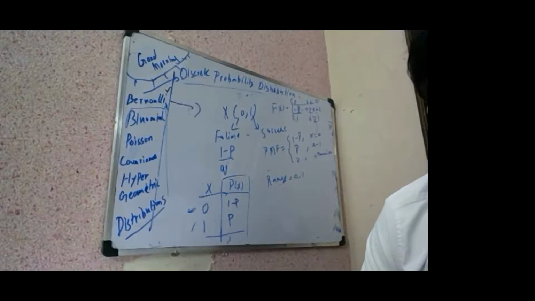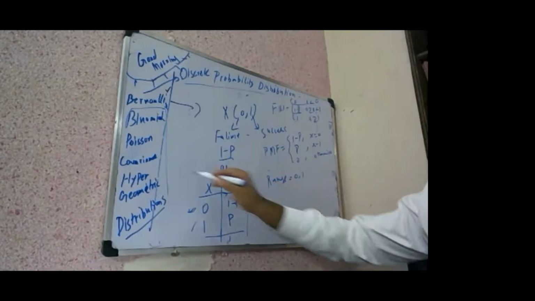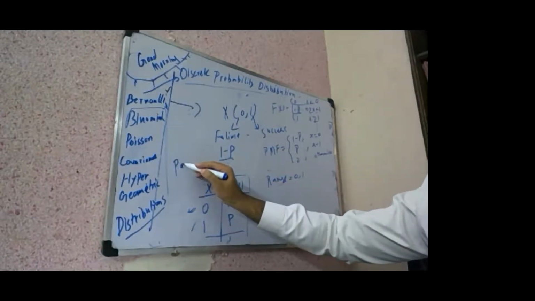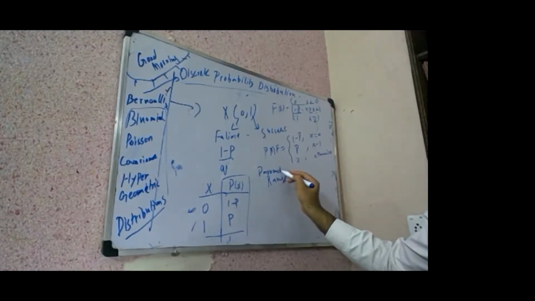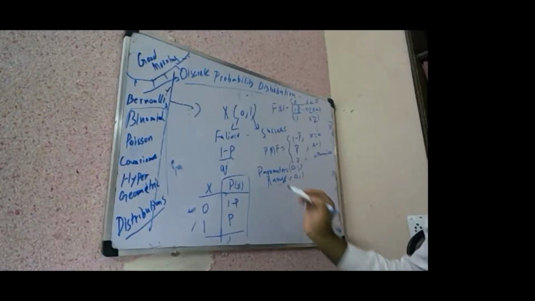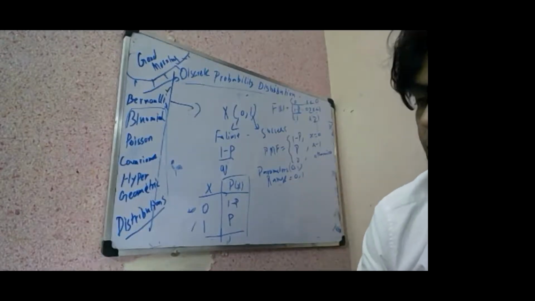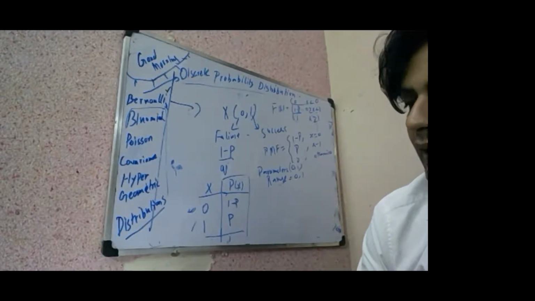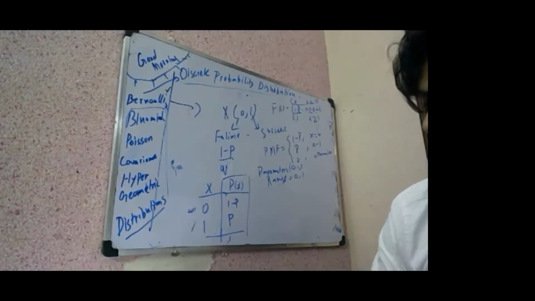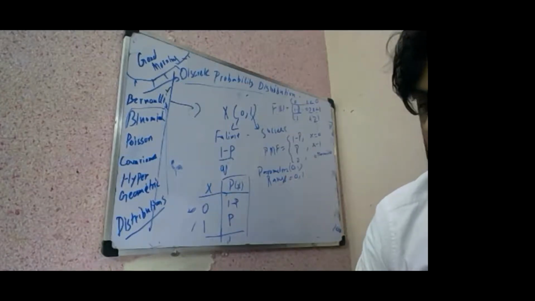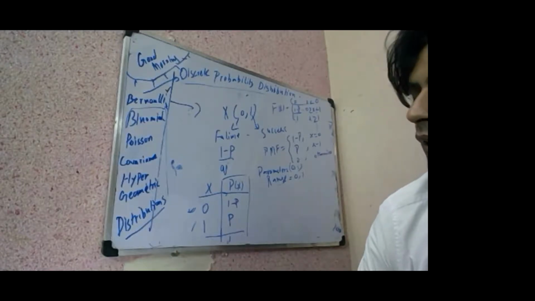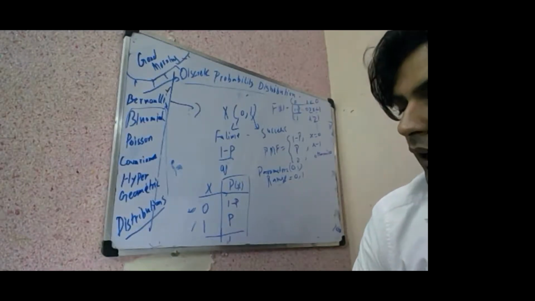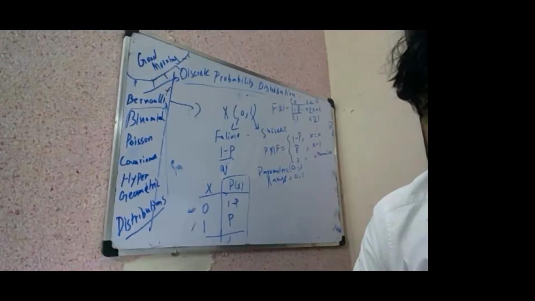The shape depends on these parameters. And we know that the probability lies between 0 and 1. So the probability of success is P, and simply it can be explained.